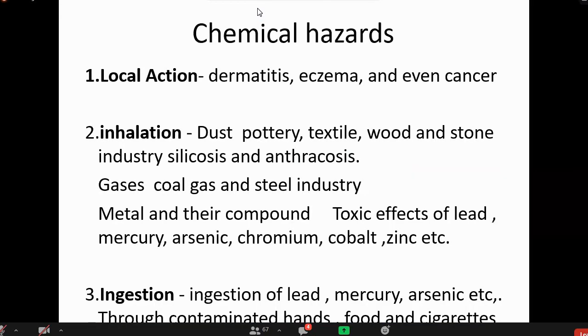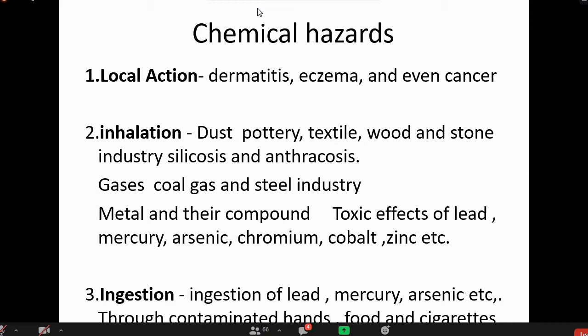Chemical hazards would include local action, inhalational, and then ingestional. So local, if you are touching some kind of paints which is harmful, that is lead, you may develop some kind of dermatitis or eczema.